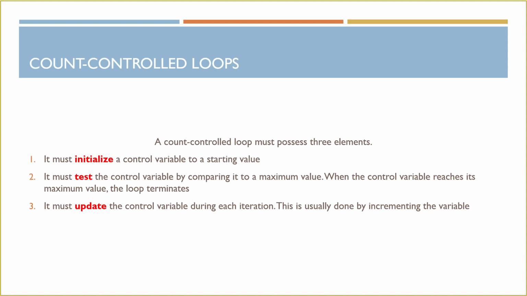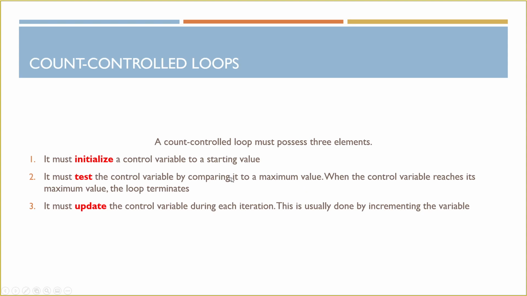Count-controlled loops must possess 3 elements. They have to have 3 things in order to be considered a count-controlled loop. The first thing is a control variable has to be initialized to a starting value. Remember, we discussed control variables before. Control variables determine how many times a loop is going to be executed. The second thing is that the control variable has to be tested by comparing it to a maximum value.